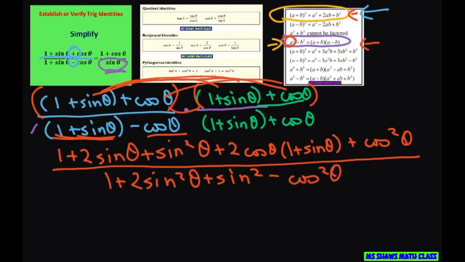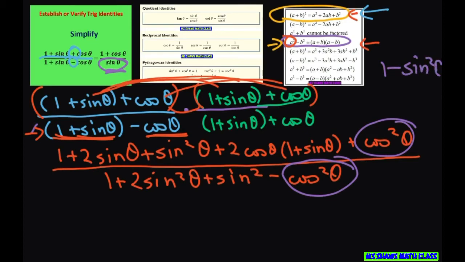I'm just using that formula. So I squared this and I squared that. And when you square this, you have to expand it. Now, on the next slide, I'm going to copy this whole thing down. But what I'm going to do is change both of these cosine squares to 1 minus sine squared theta using my Pythagorean identity. So I'm going to copy the whole thing down with just that substitution.